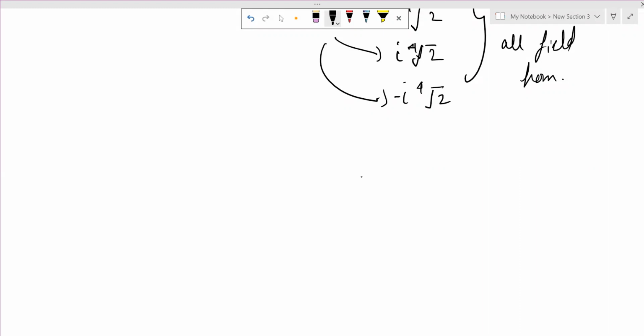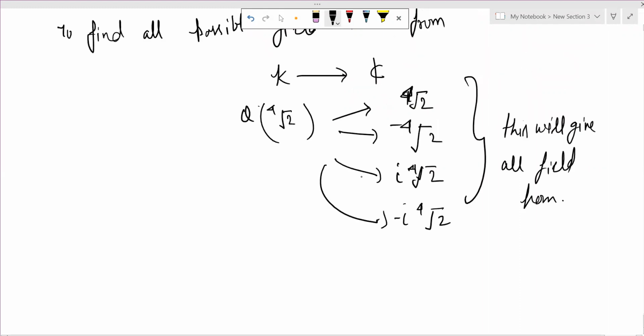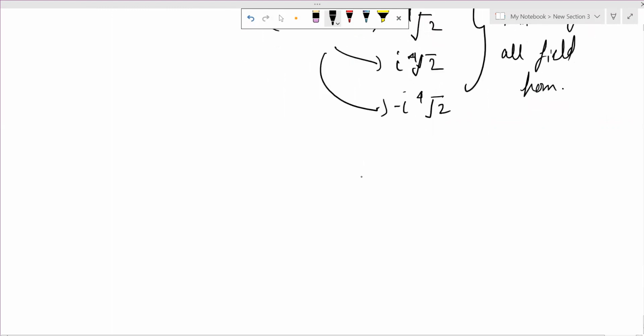Now, fourth root 2 is a root of x to the power 4 minus 2, and this is the minimal polynomial for fourth root 2. So the only choices for its image under any field homomorphism are these 4 elements. C is algebraically closed. All these elements are in C, so all choices are possible in this case. So that's why we will get four field homomorphisms.